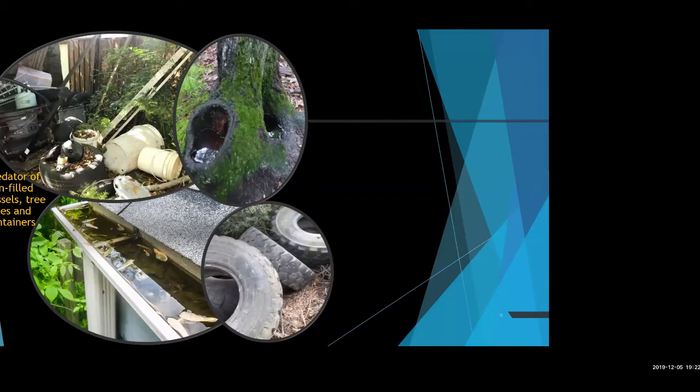But where in the environment might you find Toxorhynchides? In general, they share similar habitat preferences, and they are indeed a native predator of rain-filled vessels. They most often prefer natural cavities that are filled with rainwater, that are ephemeral.